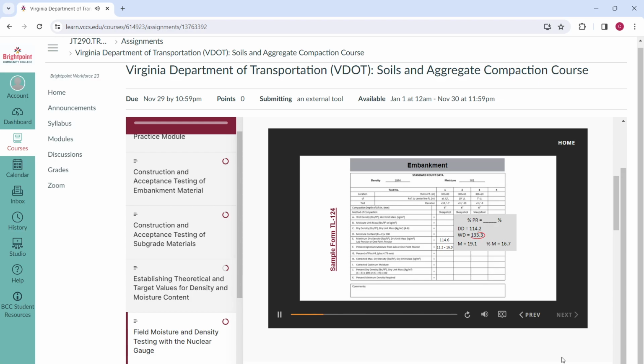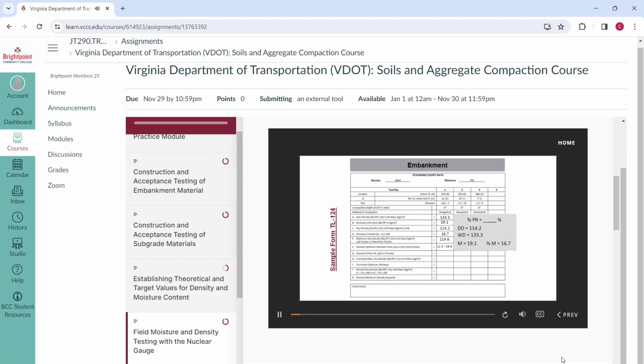Our wet density of 133.3 pounds per cubic foot will be filled into row A. Our moisture unit mass of 19.1 can be filled into row B. Our dry density can either be found by taking A minus B or directly from the nuclear gauge display panel as 114.2 pounds per cubic foot, and will go into line C. Our moisture content can be found by taking B divided by C times 100 or directly from our nuclear gauge display panel as 16.7% and filled into row D.